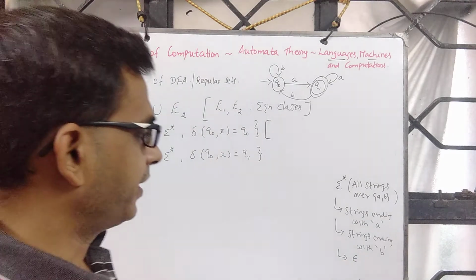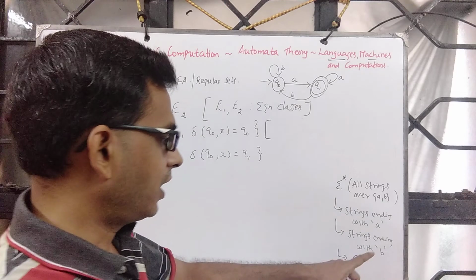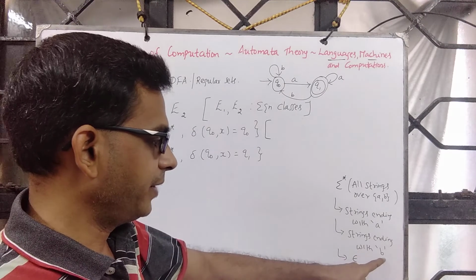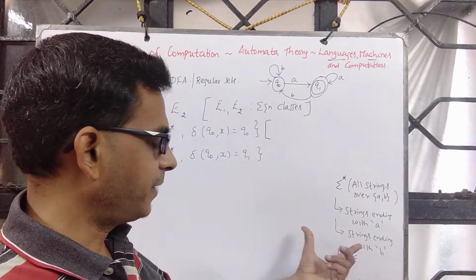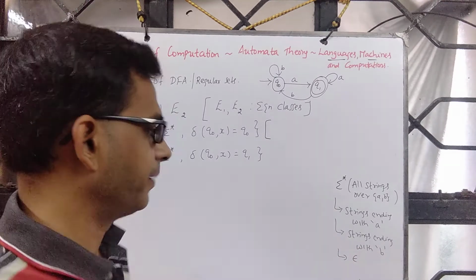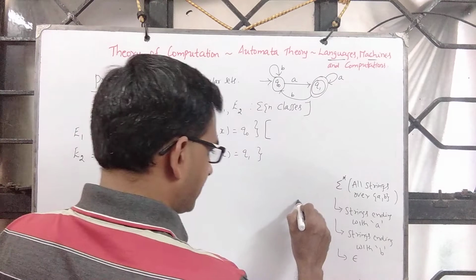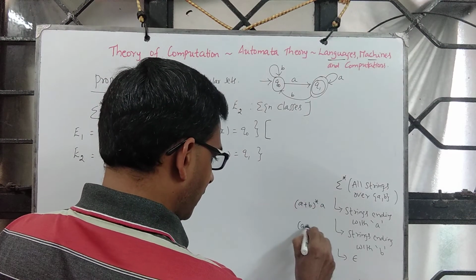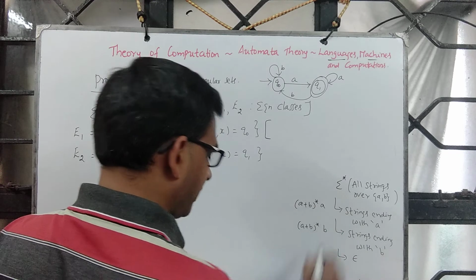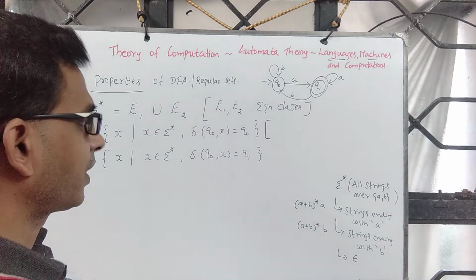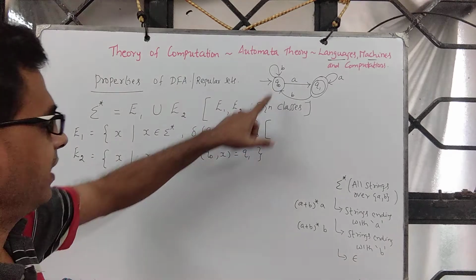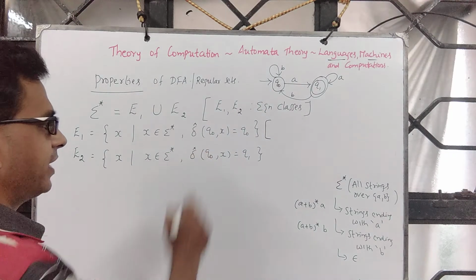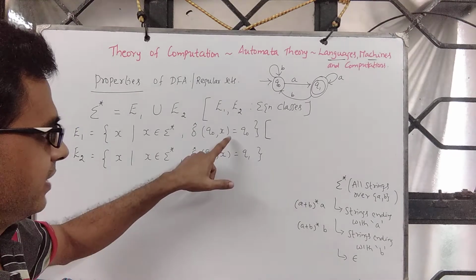So it will be (A plus B) whole star followed by A, or (A plus B) whole star followed by B, or just epsilon. Any string will be of this type, right? And if it is epsilon, then we know that Q naught comma epsilon is Q naught. So epsilon is covered here.